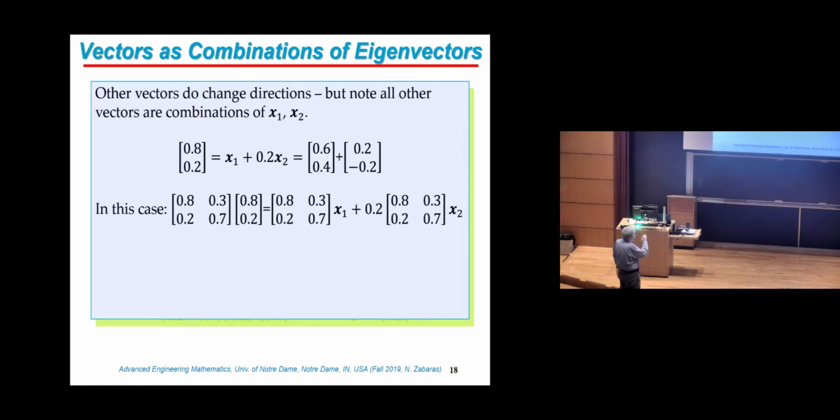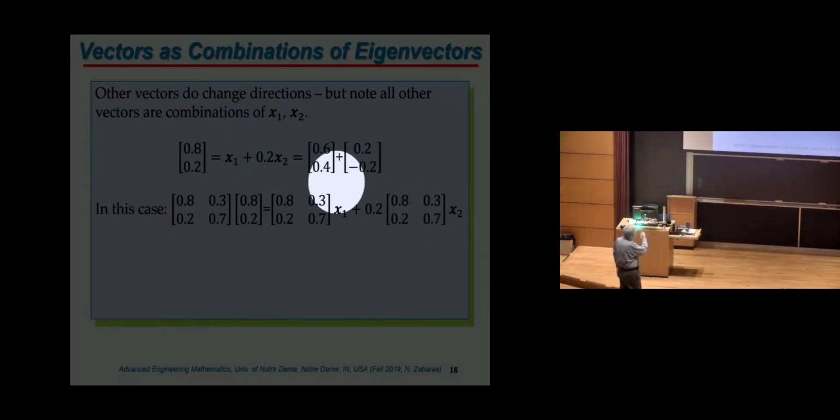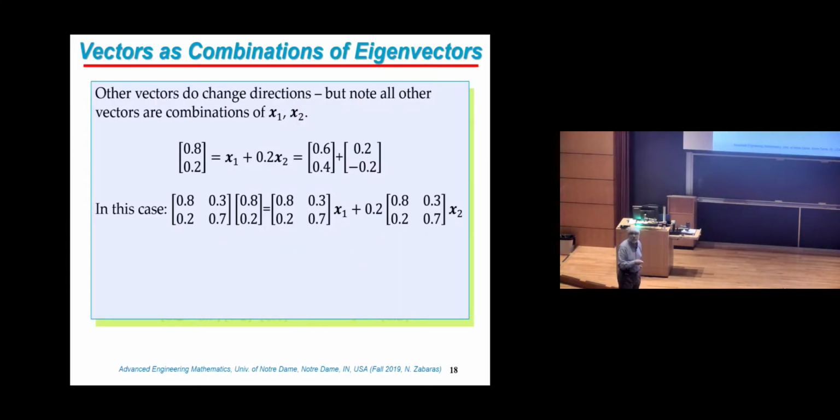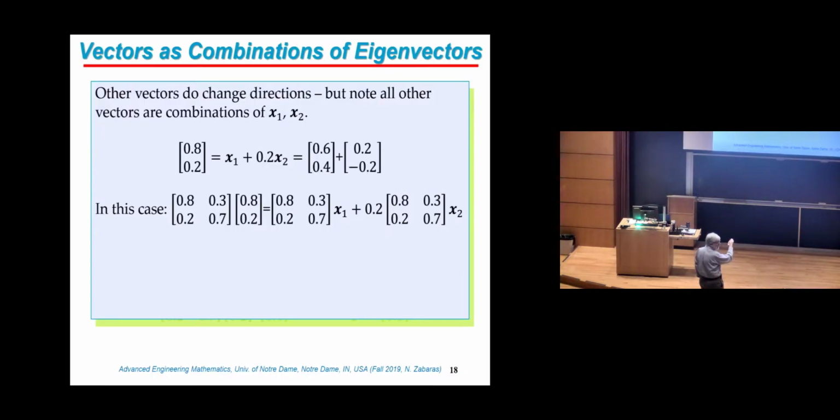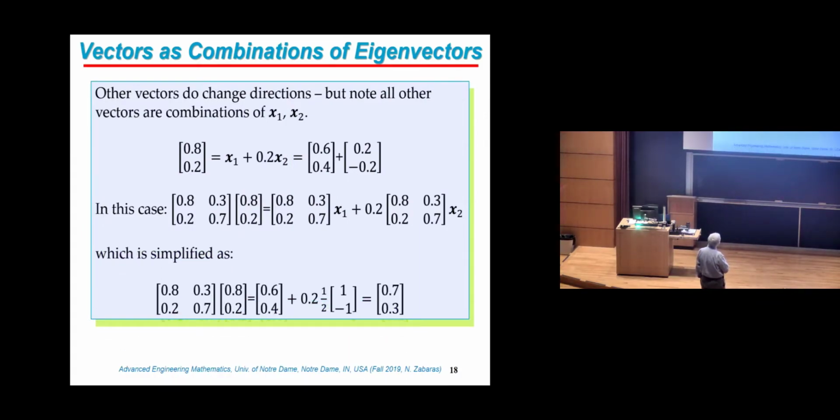Because this vector is x1 plus 0.2 x2, I multiply the matrix first with x1 and then the matrix times 0.2 x2. But do I know what the matrix does to x1? What is the effect of the matrix on x1? Remember, the eigenvalue is 1, the first one. So Ax1 will be equal to x1. And what will be the effect of A on x2? Was the eigenvalue 1/2, if I remember? Right? So it would be 1/2 x2. So there's the answer.